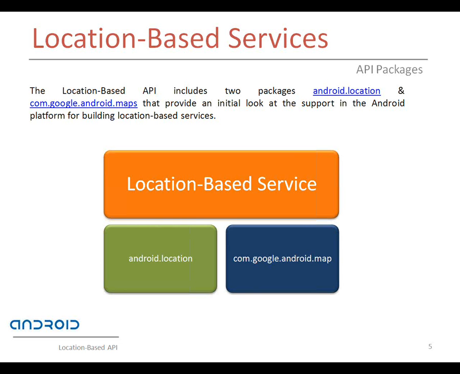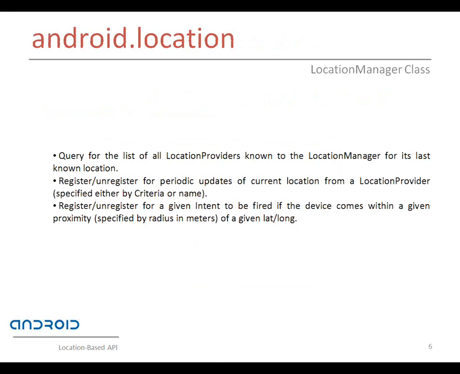Location manager, along with returning the available providers, also allows you to attach a location listener to be updated when the device location changes, and or directly fire an intent based on the proximity to a specified latitude and longitude.